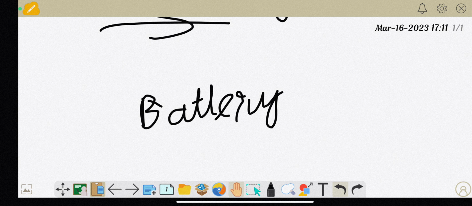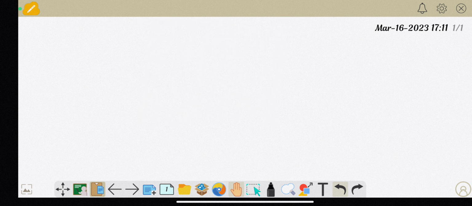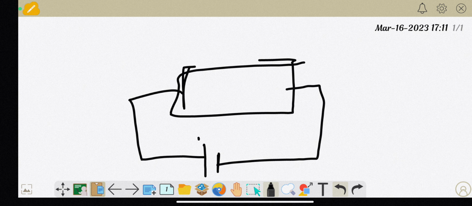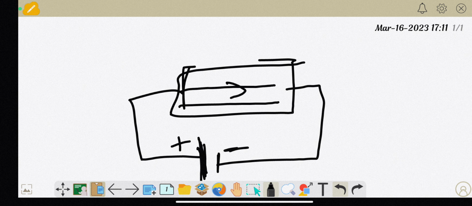So like this, if you have a material and I'm connecting it to a battery, this is my positive and this is my negative terminal. There will be some electric field, and the direction will be in this way. You know the direction of the electric field, right?